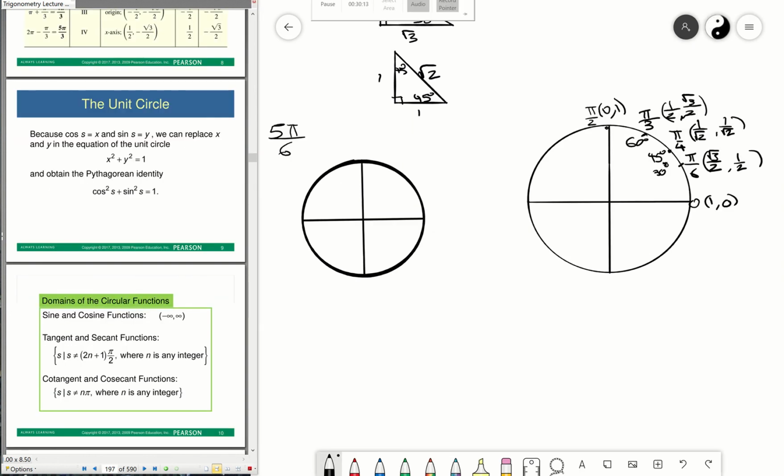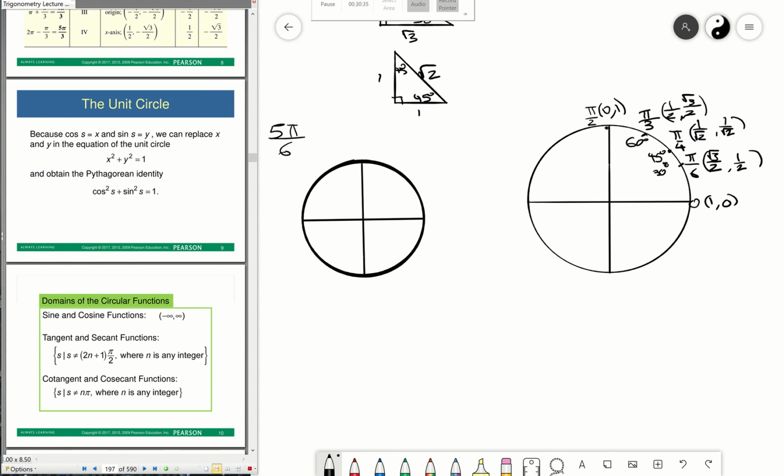Okay, so you were asked to try to come up with the values for the angle corresponding to 5 pi over 6 radians. If you start here and go all the way to a half circle, that's 6 pi over 6, or pi.